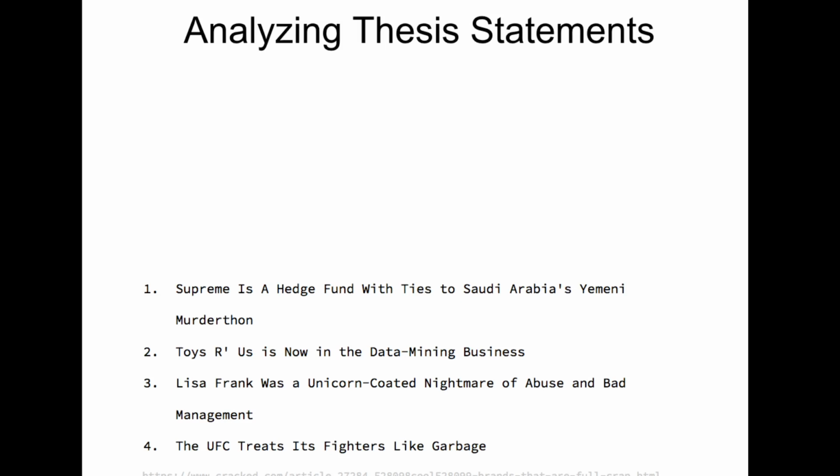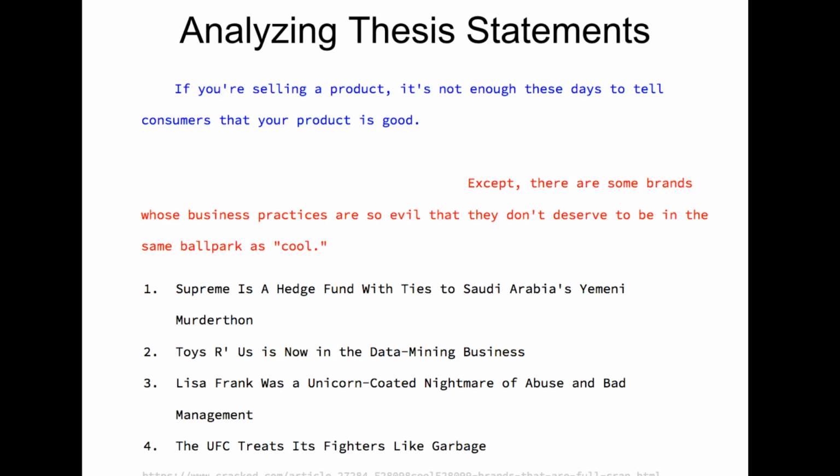And UFC, the fighting brutality company. So I've taken this from an essay again on the excellent cracked.com. So these are the body paragraphs. These are the basic structure. So we need to give this an introduction. So let's think about the hook and the thesis statement. So the hook is in the blue and the thesis statement is in the red.